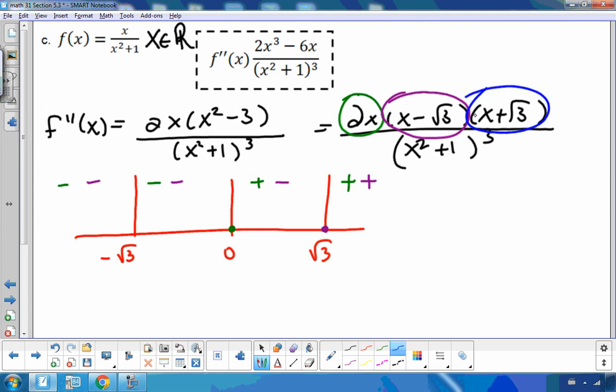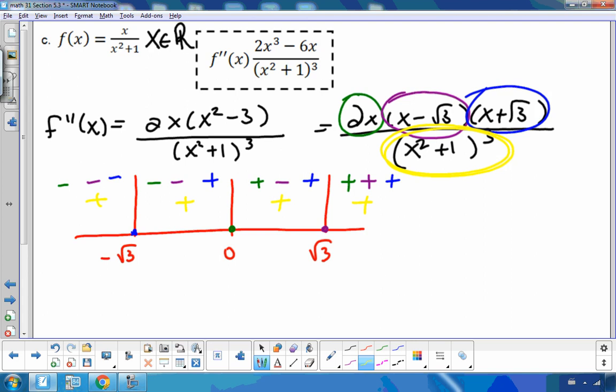This one here is 0 at negative root 3. So to the left, it's negative. To the right, it's positive. And my denominator here, since I have something squared, it's going to be positive. Add 1, still positive. Raise to the 3, still positive. So this will always be positive.